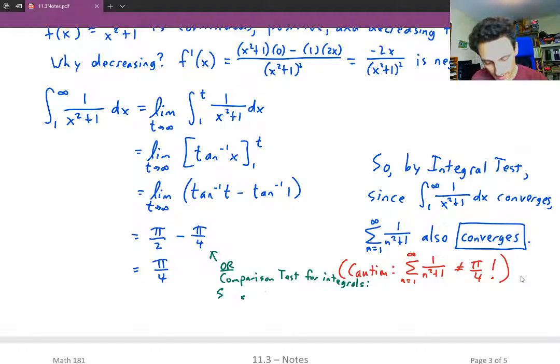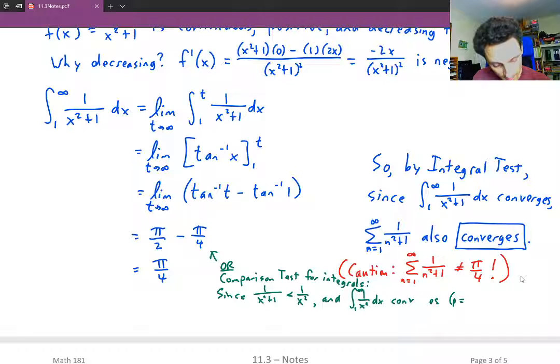You can say something like, since 1 over x squared plus 1 is less than 1 over x squared, and the integral of 1 over x squared dx from 1 to infinity converges. This is like p equals 2, which is greater than 1. So does the integral from 1 to infinity of 1 over x squared plus 1.